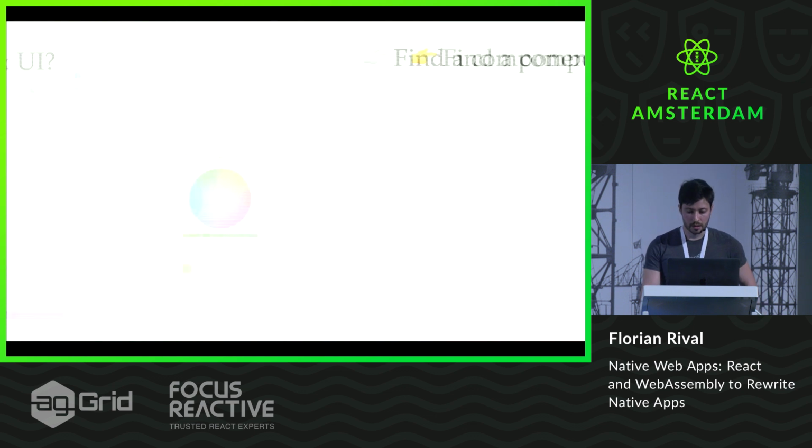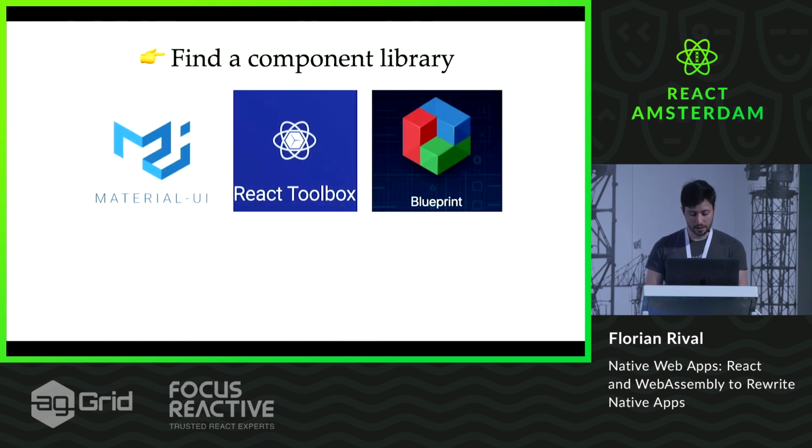So to do this, the first advice that I would have would be to find a good component library. So for example, Material UI, React Toolbox, Blueprint, or for React Native, Paper, React Native Elements. I forgot a ton of them, but the idea is that I don't want to start from scratch because I have enough to do to rebuild the whole interface. I might as well start with ready-made components.